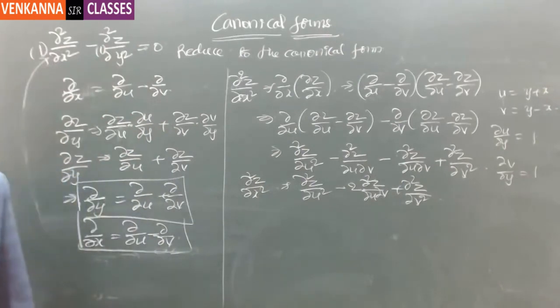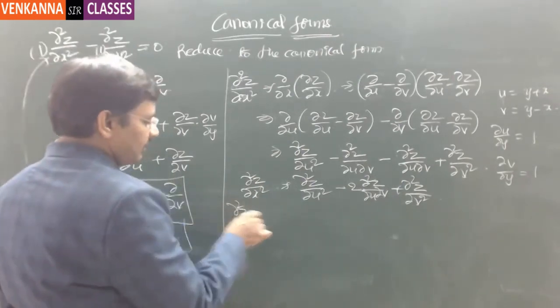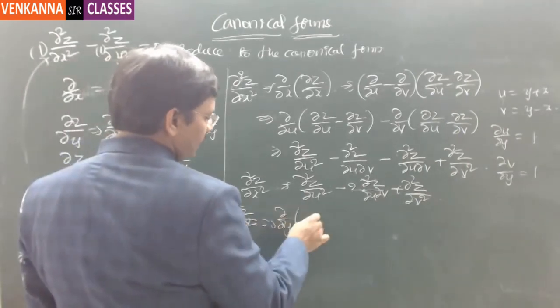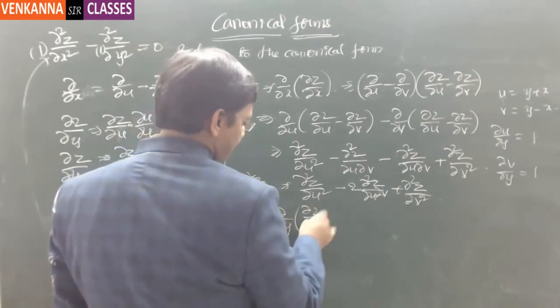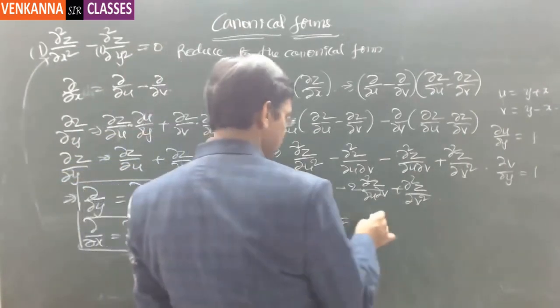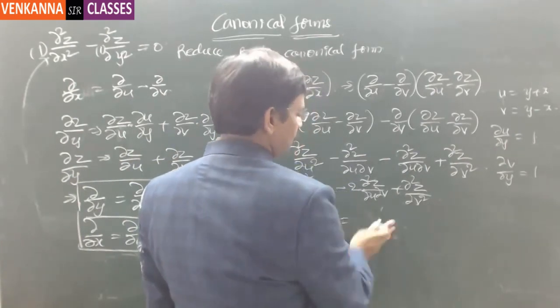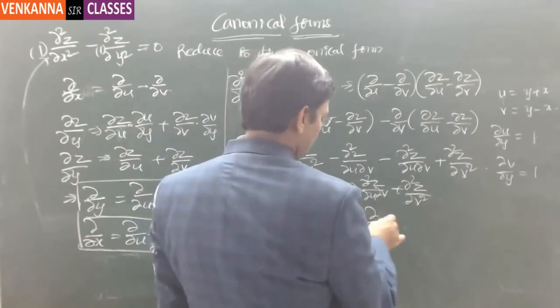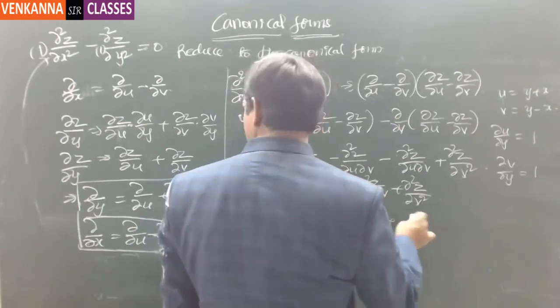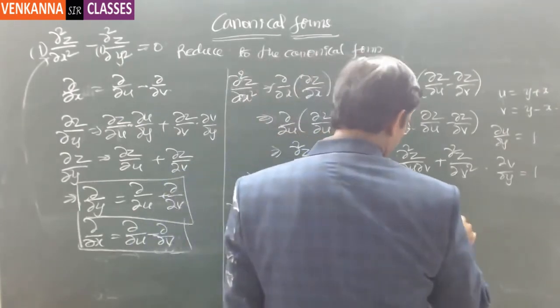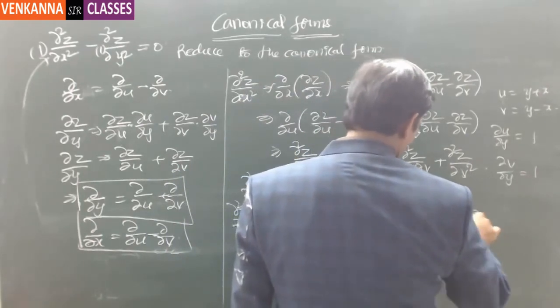Similarly, ∂²z/∂y² you can also bring out in exactly the similar manner. ∂²z/∂y² is equal to ∂/∂y of ∂z/∂y. And this is equal to ∂/∂y, which you can replace as ∂/∂u + ∂/∂v operating on ∂z/∂u + ∂z/∂v.